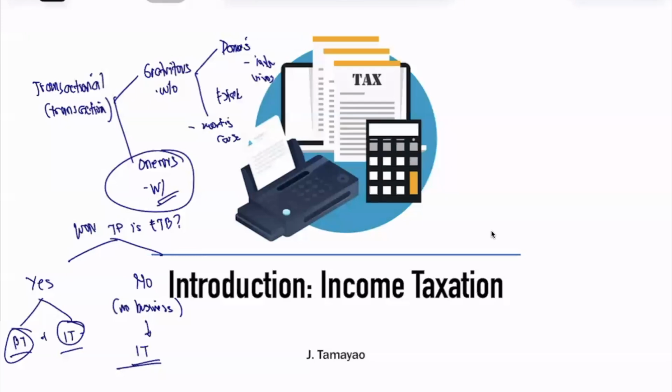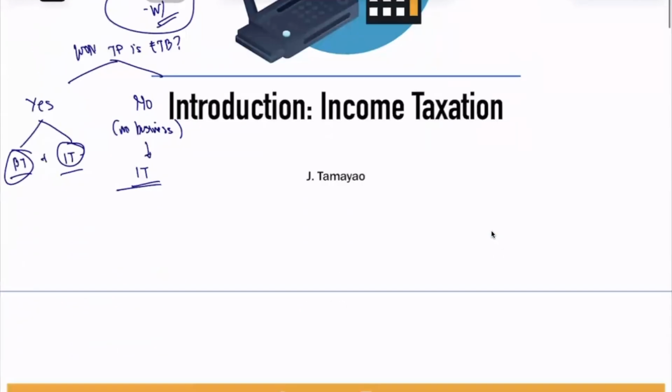Therefore, when you try to learn either business tax or income tax, you must learn the type of transaction, and based on the type of transaction, you tax it. I hope you ingrain in your mind that as you go into income taxation, there's a type of income or a transaction which you are subjecting to taxation. As we go through, I hope I can help you determine the type of income and at the same time how we tax that income. So let's start now the introduction on income taxation.